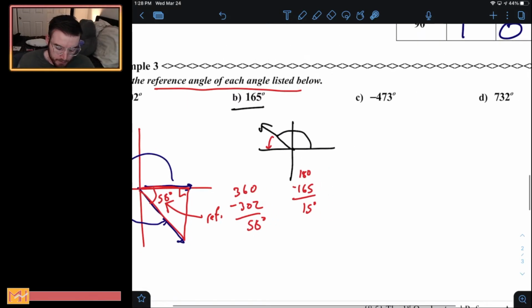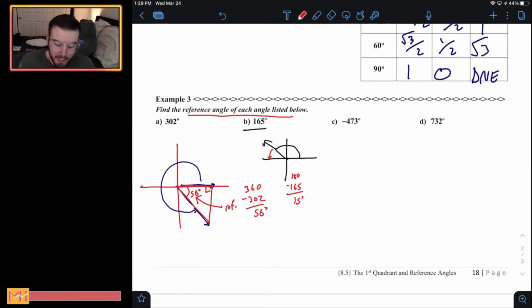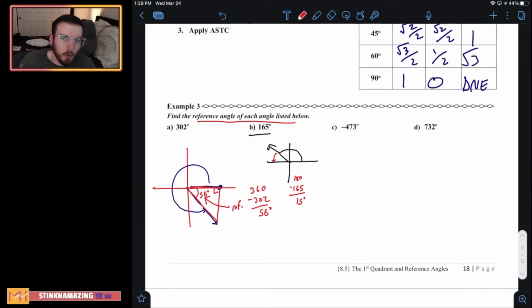Negative 473. Remember coterminal angles? To plot negative 473 is kind of weird, but I could add 360 to this, right? If I add 360 to this, what do I get? Negative 473 plus 360 gives me negative 113.